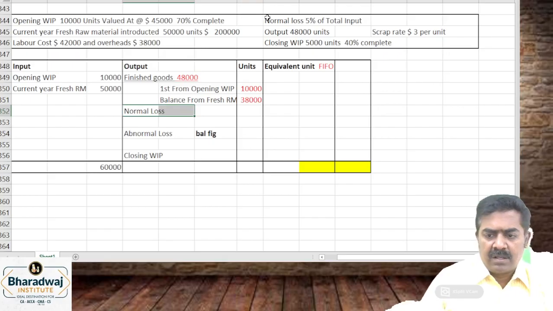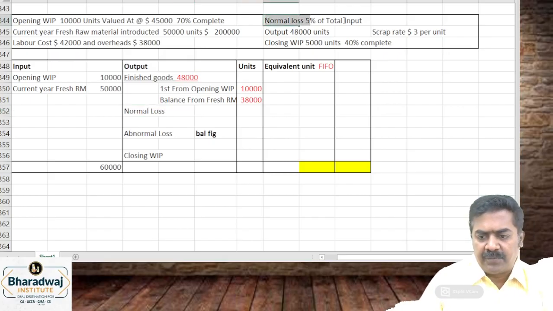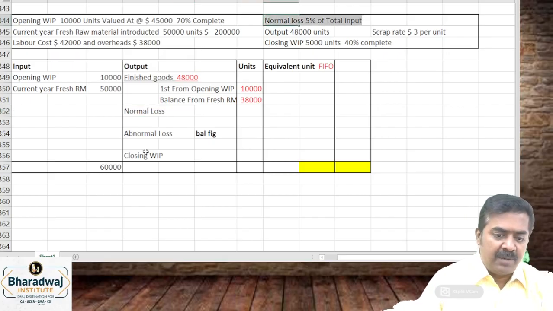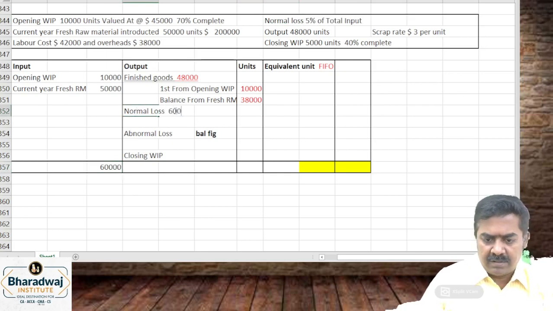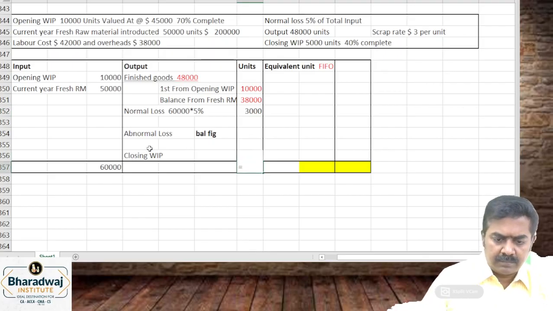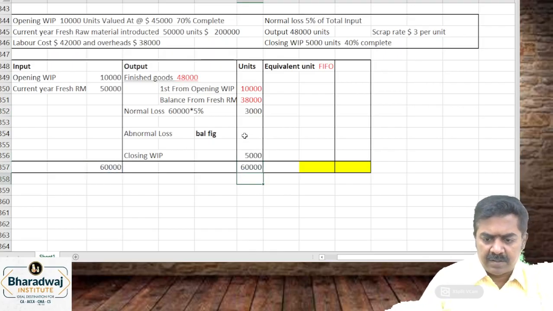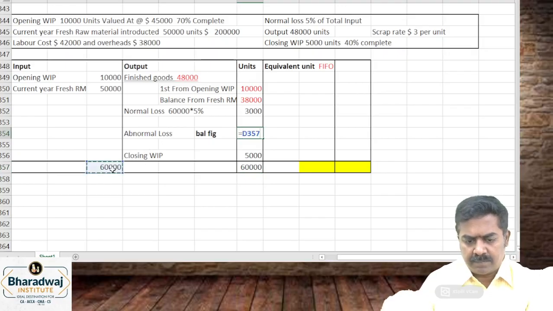Normal loss 5% of total input, 60,000 into 5%. Closing WIP 5,000 units given in the question. Balance is abnormal loss.